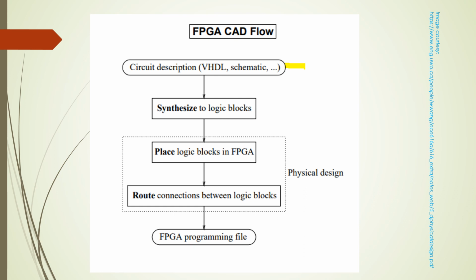And then we go to the logic synthesis part. It is followed by the actual physical design, that is the placing and routing of the FPGA. And once placing and routing is done, you generate the bit stream of the corresponding program, which is dumped into the FPGA. So the two main physical design steps are place and route.